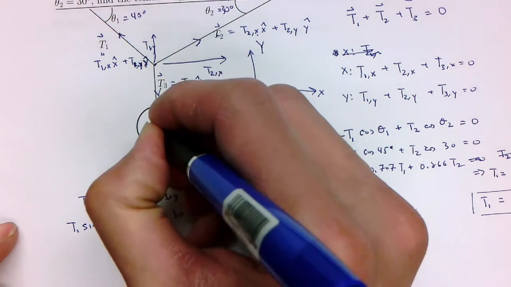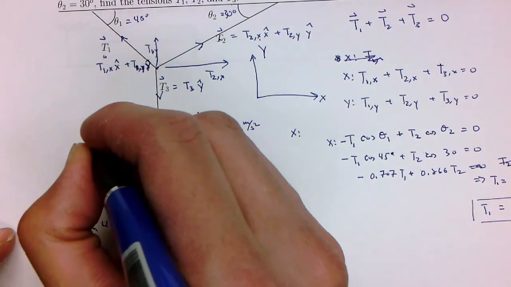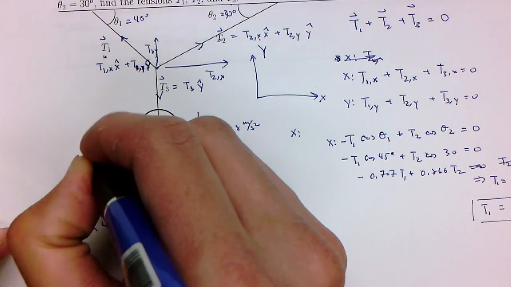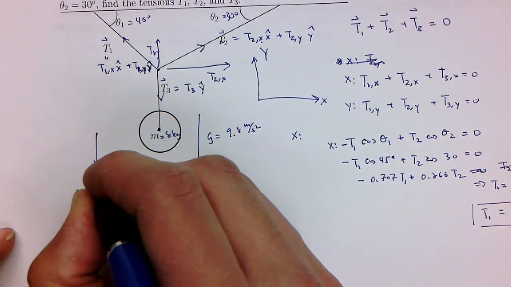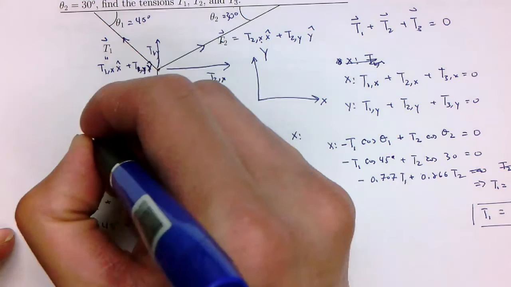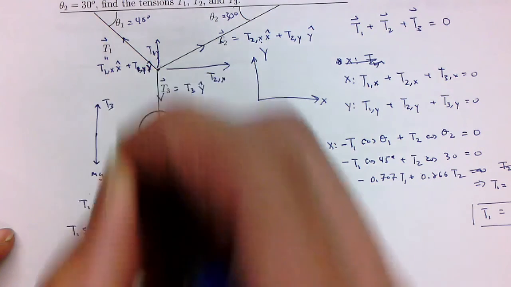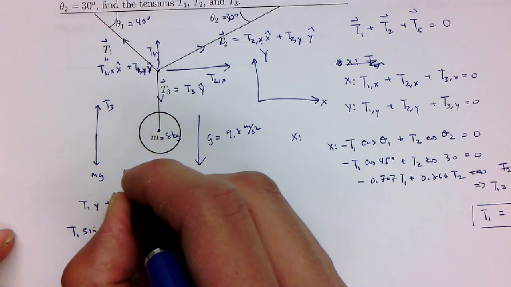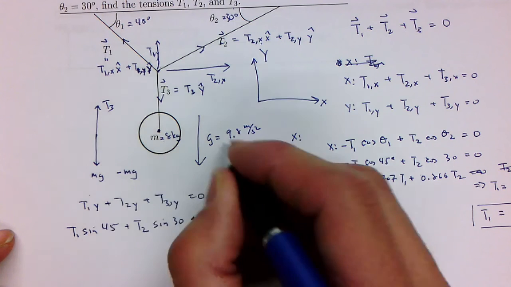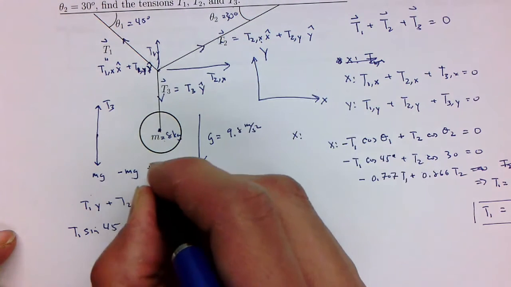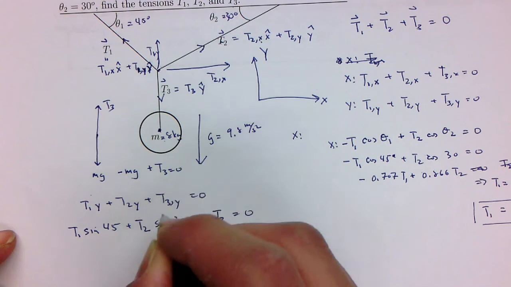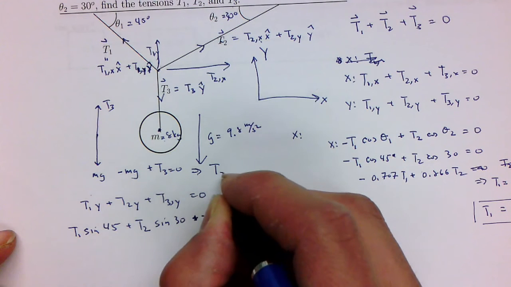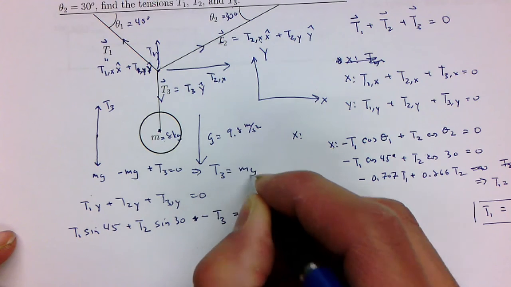So we look at this point and we draw a free body diagram there. There's going to be a mass times gravity there, and then there's going to be a T3 that balances that, right? So mass times gravity, which is negative because it's pointing in the negative y direction, plus T3 is equal to 0, which means that T3 is equal to the mass times gravity.